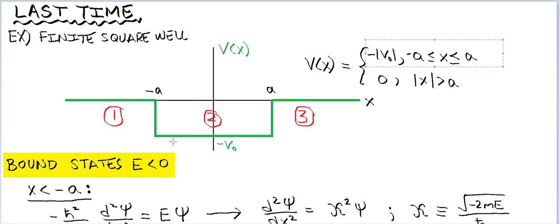And really we did this just so that we could set the floor down here, right? And it makes solving in the regions x less than minus a and x greater than a a little easier, and it doesn't cause any changes to the physics of the problem.